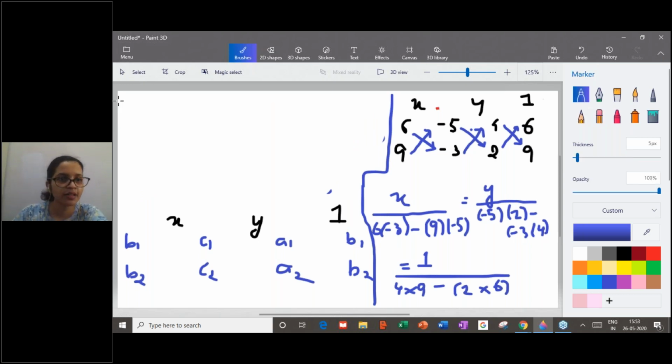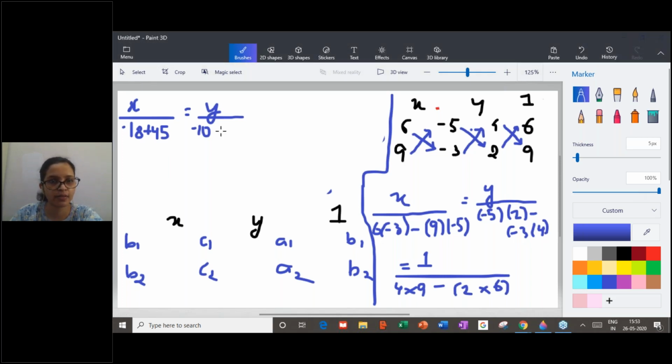So from here you simplify this. This would be -18 plus 45. Is that right? Yeah, there are minus, so it will be plus, is equal to y by -10, and what is that? -3 into 4, so plus 12, which is equal to 1 by 36 minus 12.